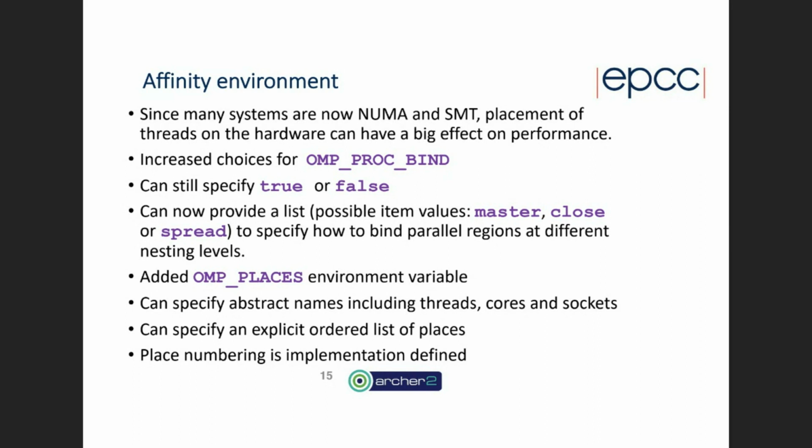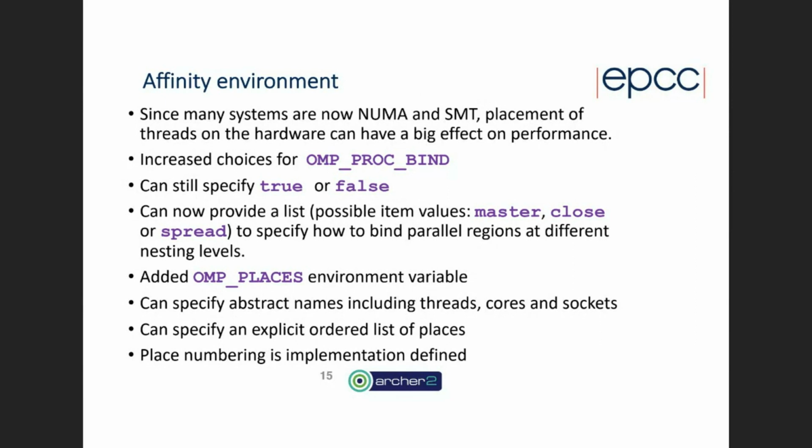And there's also an OMP_PLACES environment variable. That basically allows you to specify the hardware entities that you want the binding to happen to. Typically you can specify abstract names such as threads, which means hardware threads in this case, cores or sockets, and you can also specify an explicit ordered list of places.